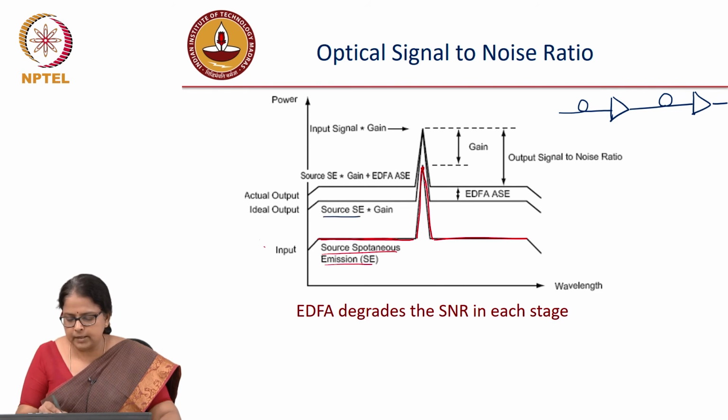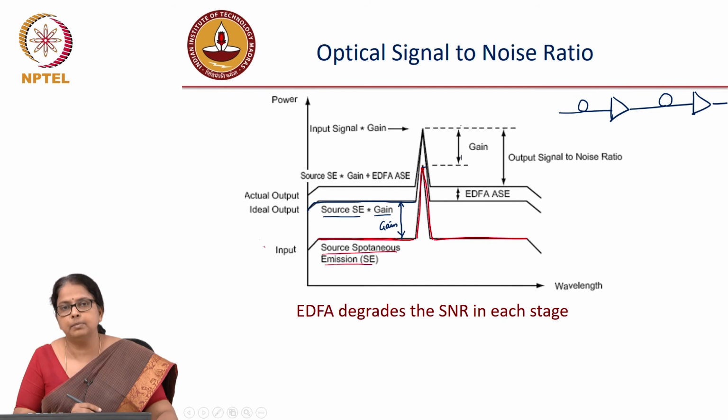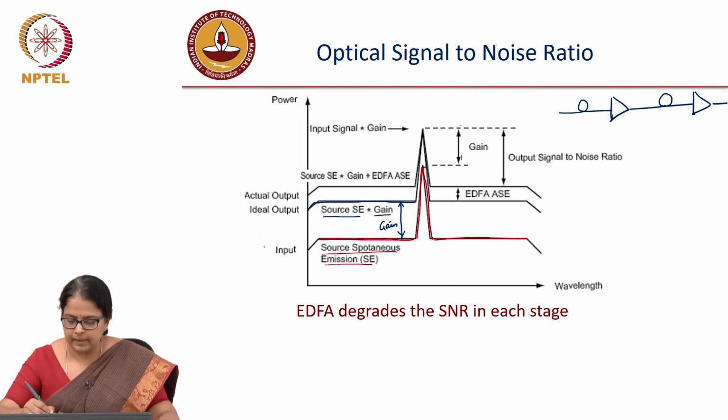The source spontaneous emission gets multiplied by the gain, so the floor increases by the gain factor, and so does the signal. The noise in the source increases by the gain factor, and the signal power also increases by the gain factor.